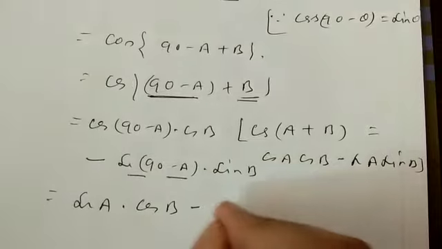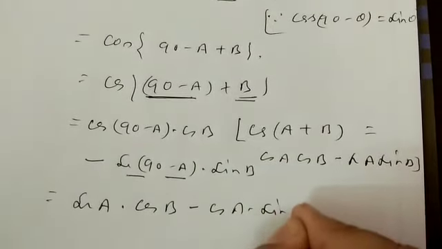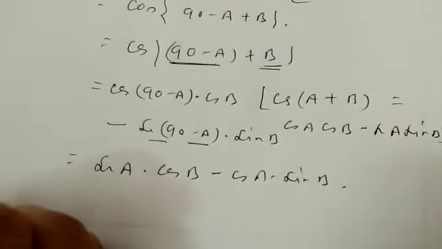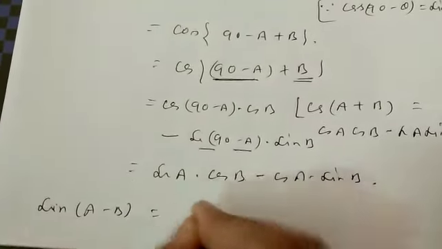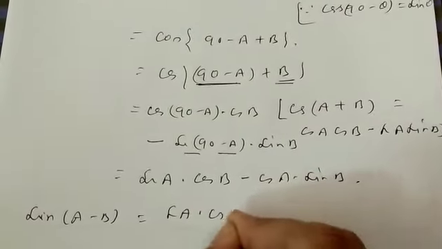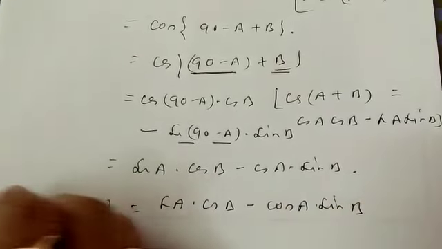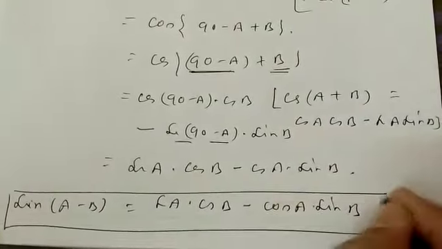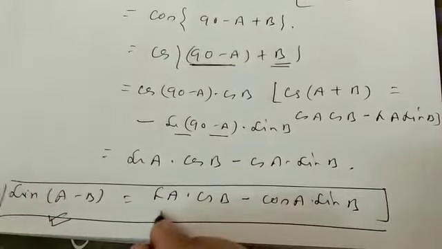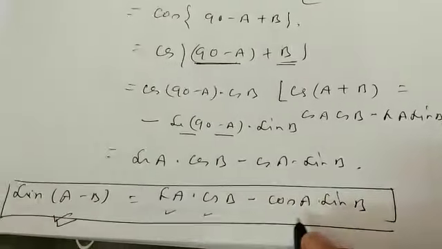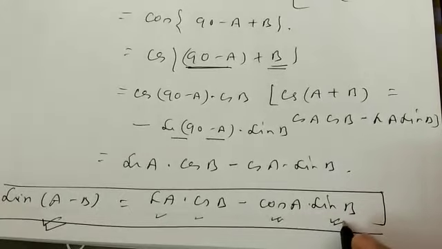Sin 90 minus a equals cos a into sin b. Hence sin of a minus b is equal to sin of a into cos of b minus cos of a into sin of b. This is the derivation of sin a minus b.